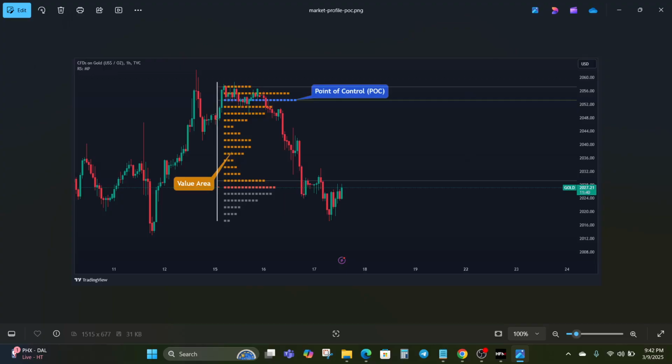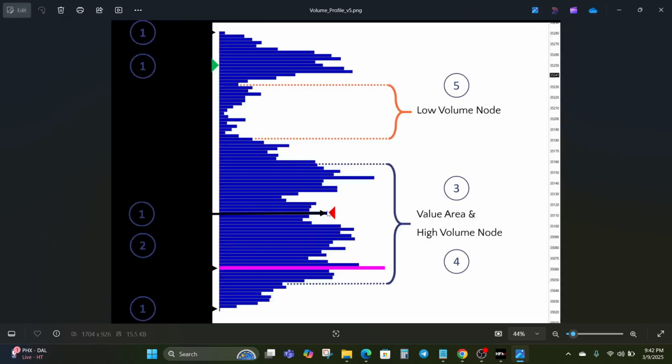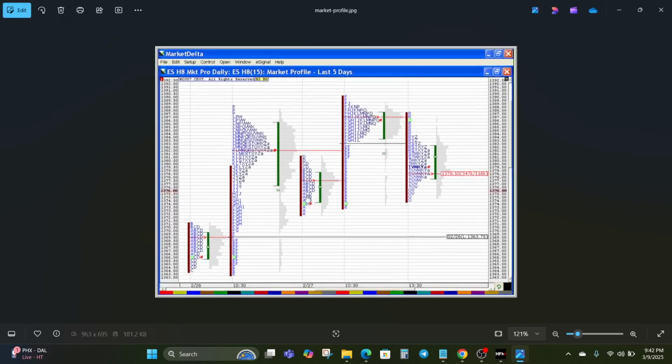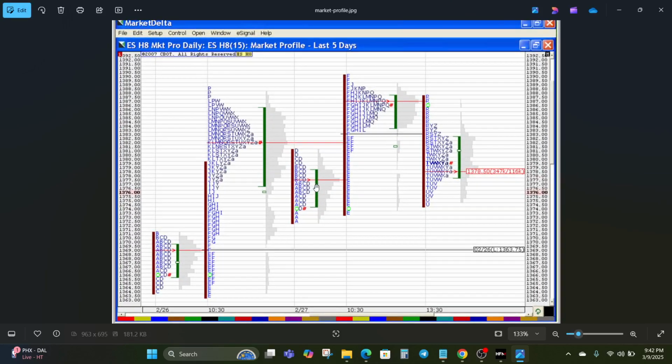Now, let us start with market profile. Market profile is a statistical tool used to visualize how the market spends time at different price levels. Unlike traditional charts, which simply show price movement over time, market profile focuses on the concept of time spent at price.